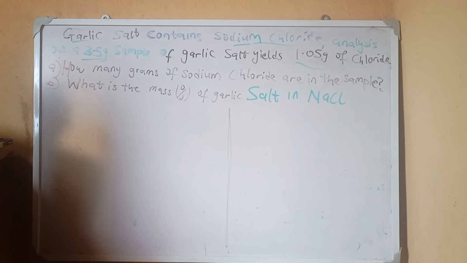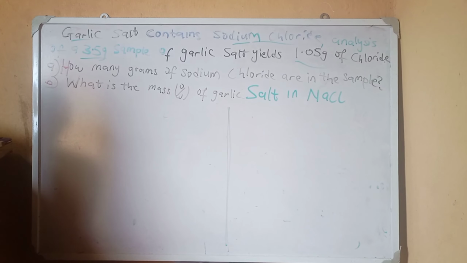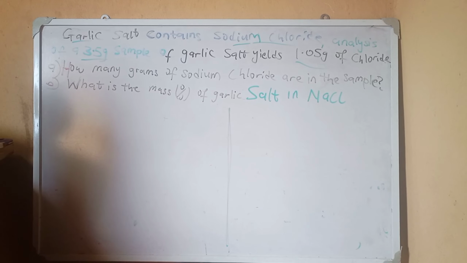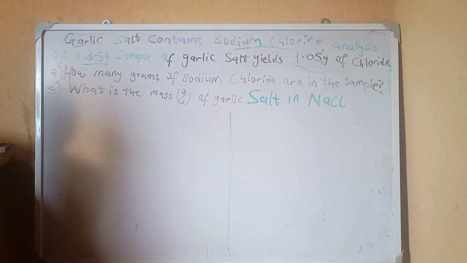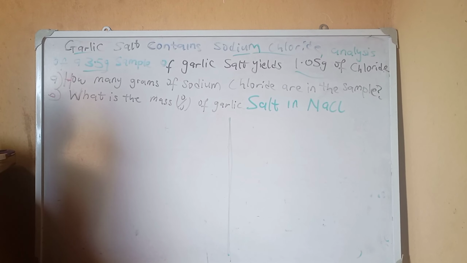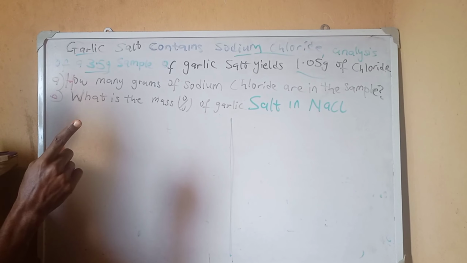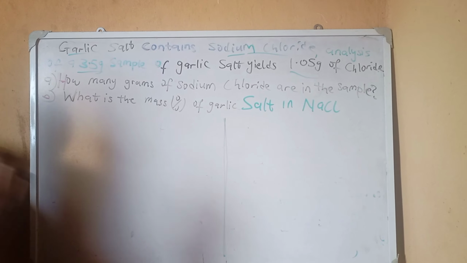And this 3.5 gram of garlic salt yielded 1.05 gram of chloride. Please take note, 1.05 gram of chloride, not sodium chloride, just chloride.